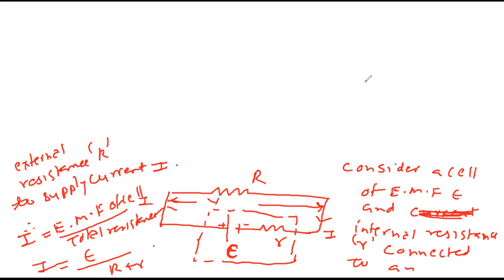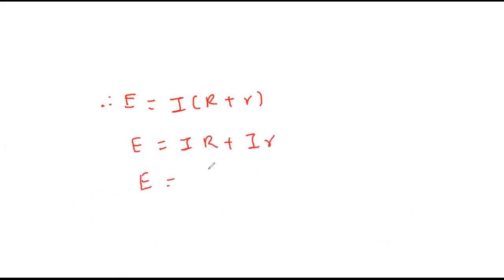Yes, sir. So we got I equals E upon R plus r. From this you can say E, actually it is epsilon, I am writing E, it is easier to manage, equals I into capital R plus small r. Therefore E becomes I into R plus I into small r. This equals capital V plus small v.